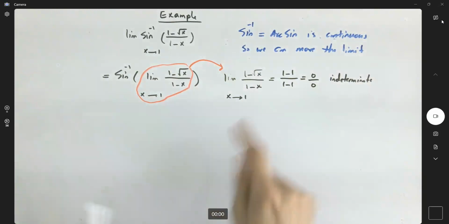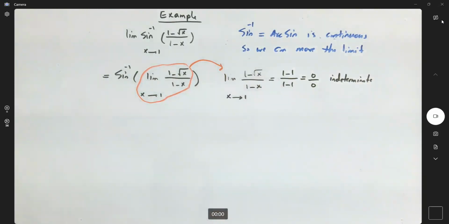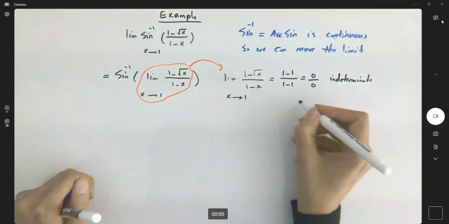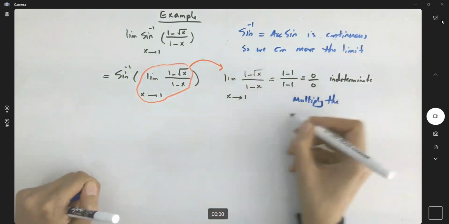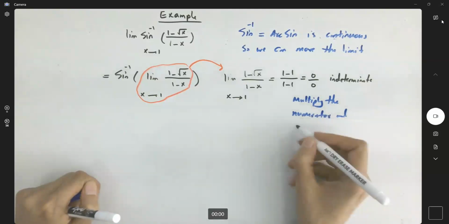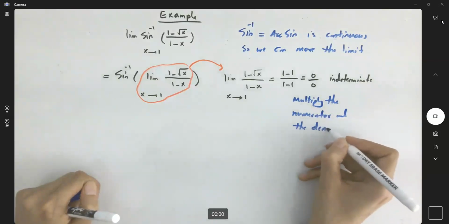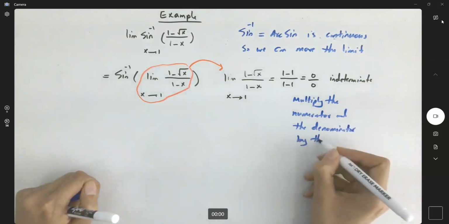We're going to multiply the numerator and the denominator by the conjugate.